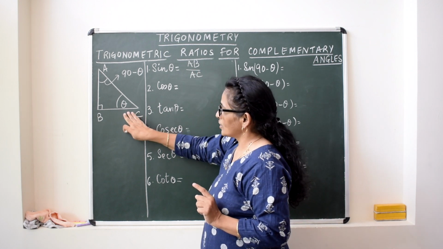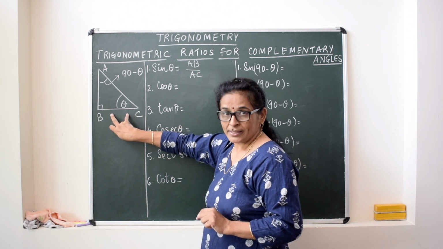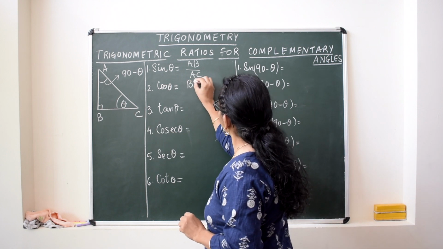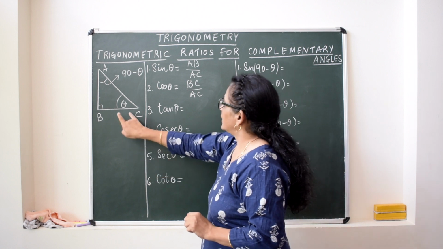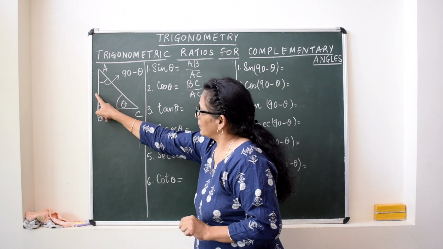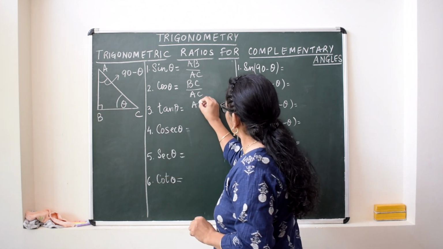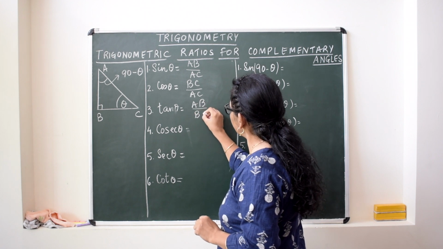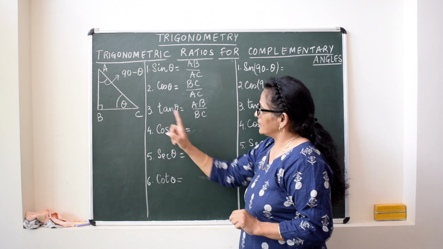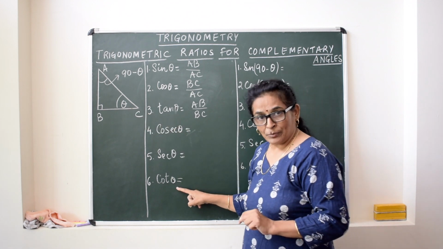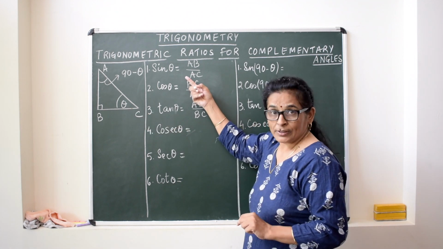Now for cos, the adjacent side or the base is BC and the hypotenuse is AC. Tan theta, for this the perpendicular is AB and the base is BC. Without looking at the sides, directly these 3 ratios can be written because these are the reciprocals of the previous ones.